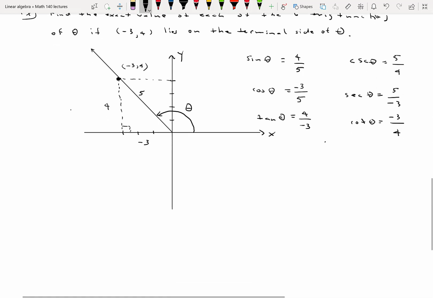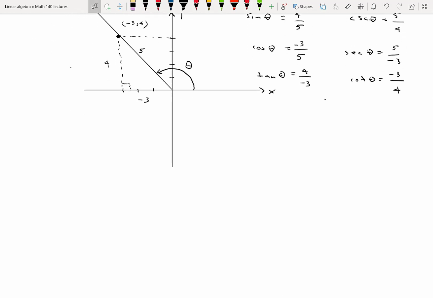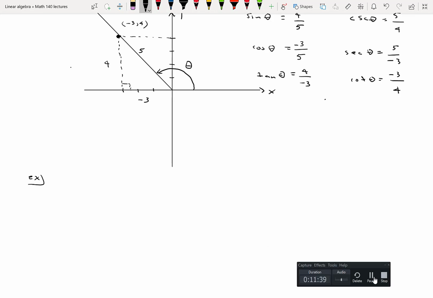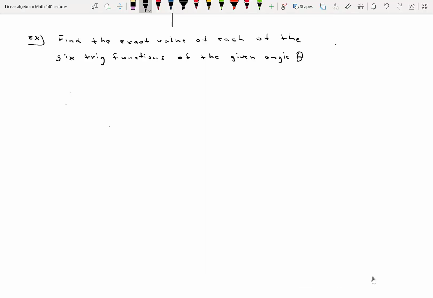Okay, so we're going to do a little more practice before we move on with this. So for example, I want to find the exact value of each of the trig functions for the given angle. Here's our set of directions for our example.